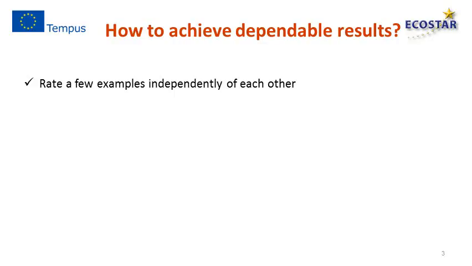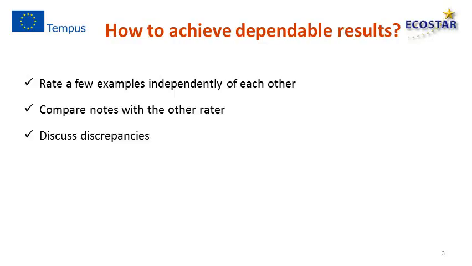After you've each rated a few products, you get together and compare notes with the other rater, and you see what grades you gave on each dimension for a particular product. If you're very lucky, you will both have given exactly the same grades all across the board, and then your rubric is good and you're both excellent raters.